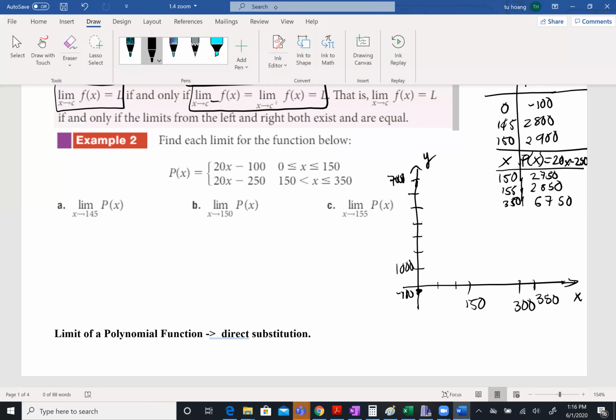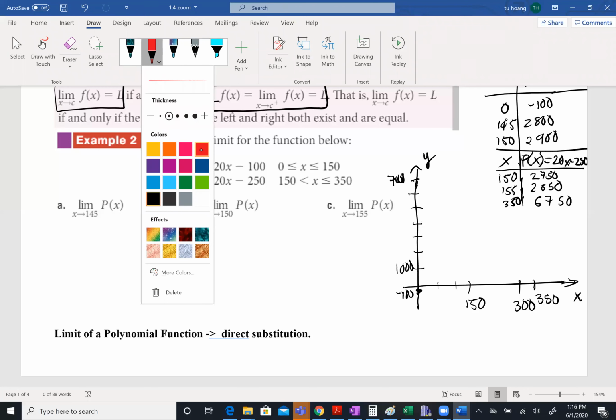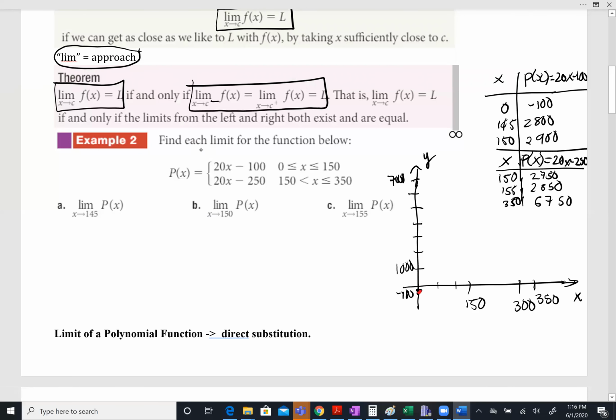Okay, so I have 1 point. Let me use another color. 1 point here. I have 2800 and 145, and 2800. So it's around here. 2800. There's 2800, going to be here.